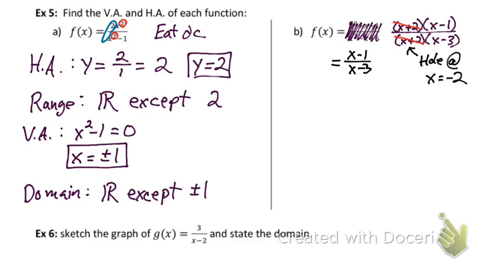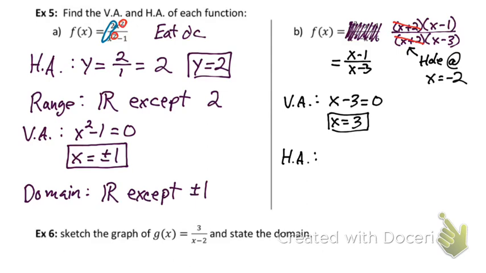Let's go ahead and do our vertical asymptote first. That's just where our denominator equals 0, so I have x minus 3 equals 0, which means x equals 3 is my vertical asymptote. For the horizontal asymptote, we just have to look at the powers. I have x to the first over x to the first.